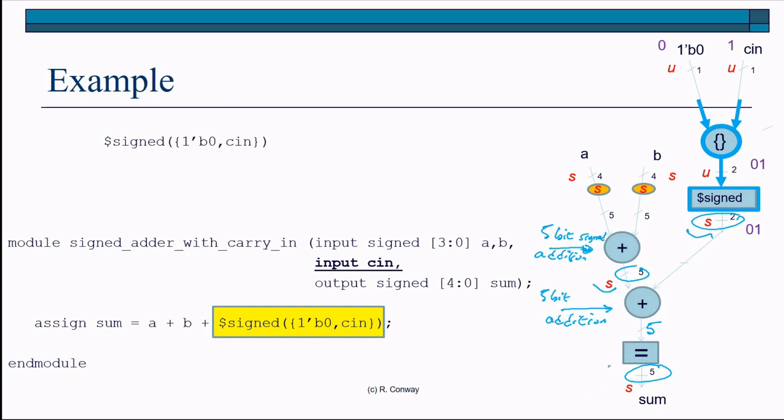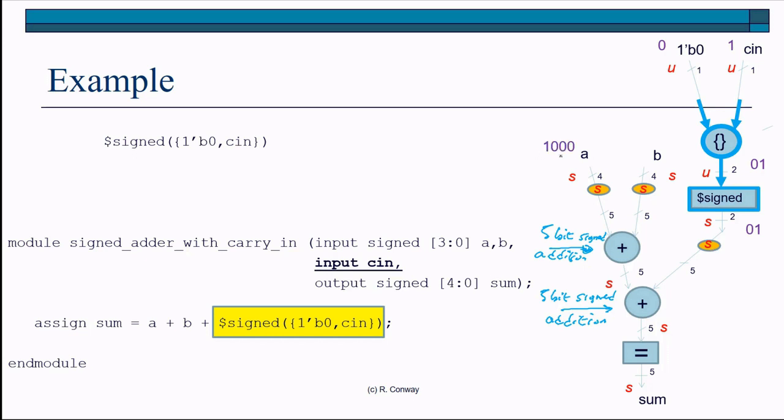And remember, we don't consider what's to the left of the assignment, so we don't consider this. But because both of these are signed, we have a signed addition, and the output is a signed value. We need to extend our 2-bit value to a 5-bit value. Because it's a signed addition, it's a signed extension.